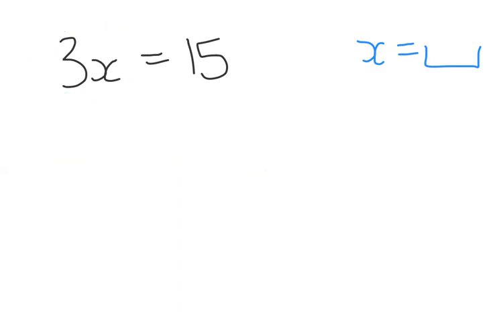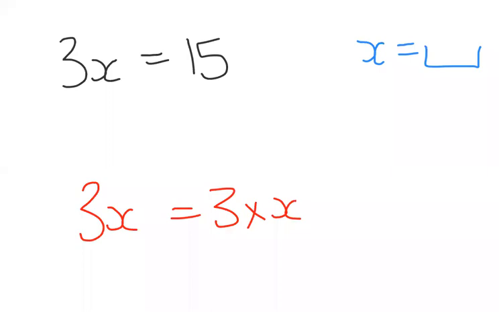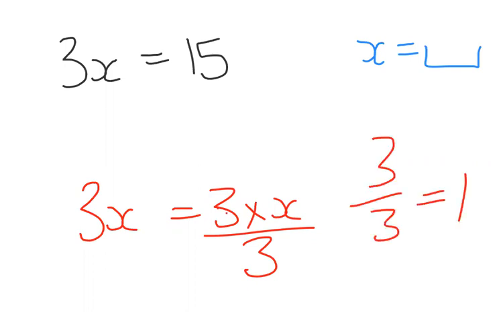First, we ask ourselves, what does 3x mean? 3x means 3 times x, or 3 multiplied by x. So to get rid of the 3, you divide by 3. Because remember, 3 divided by 3 equals 1. So we always want to divide by the number that is standing there.